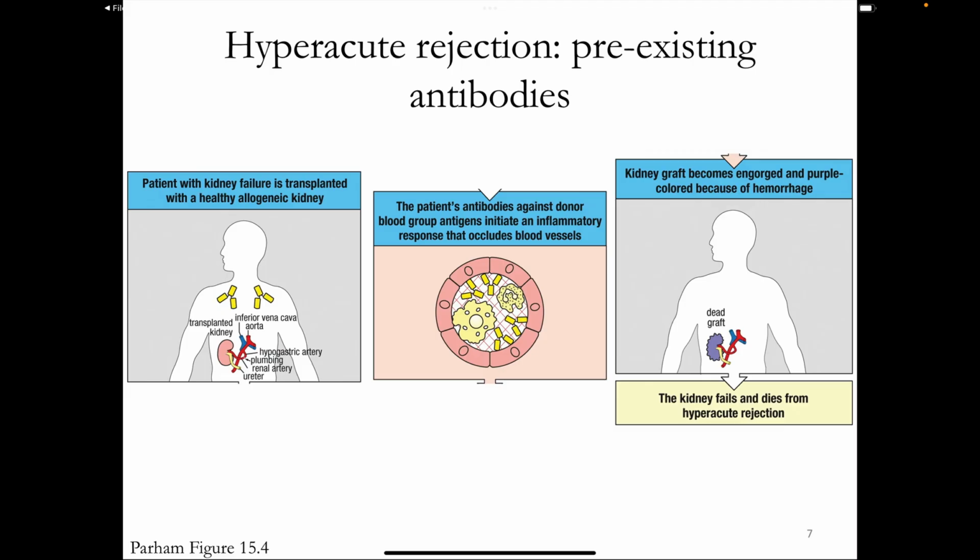Blood typing. We do that 5-minute blood type thing that I told you about, quick and easy, and we're able to make sure that we don't have hyperacute rejection based on what we know about these blood group antigens. In general, we blood type, we avoid all hyperacute rejection because we just check beforehand.